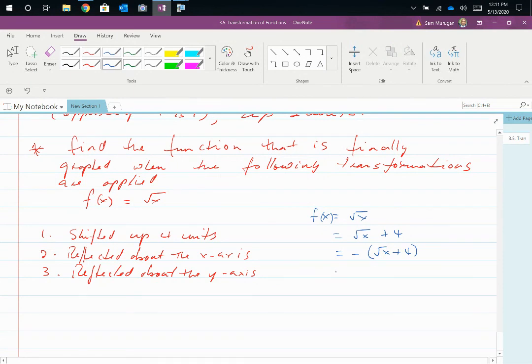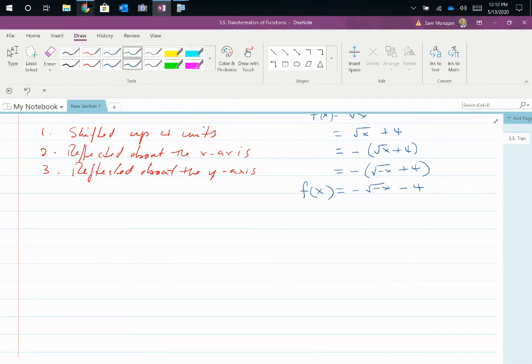So this is negative, and then if we reflect it on the y-axis, the negative x is there plus 4. So at this point, you probably want to distribute the negative sign to get negative square root of negative x minus 4. Okay, be careful, because that plus 4 becomes a minus 4 now. Once it's reflected, it becomes down instead.